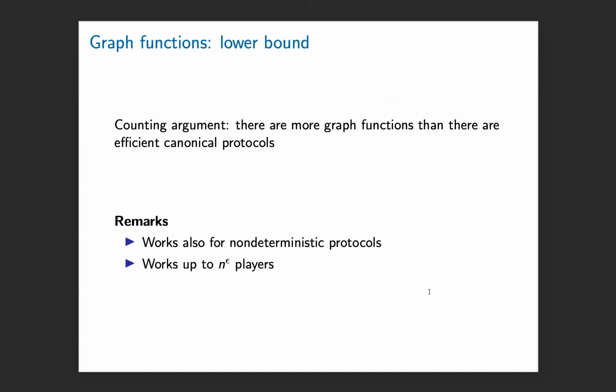And this counting argument works up to polynomially many players. So for most applications, what we want is a lower bound that works for super-logarithmic players. So in some ways, this counting argument is much better than even what we are dreaming for.